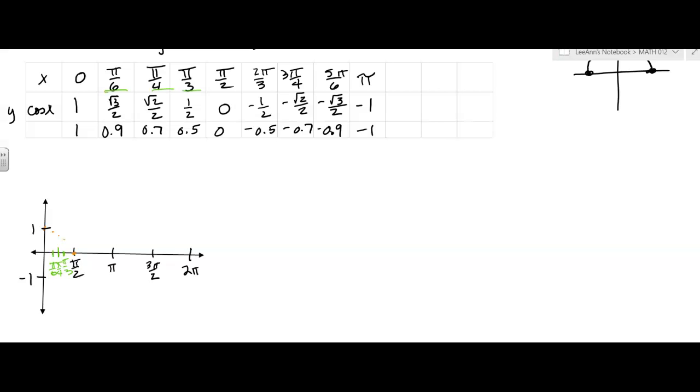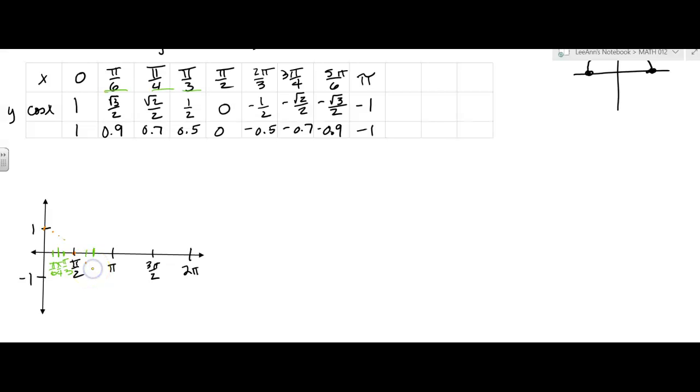And so I'll just mark them off, we had 2 pi over 3, which we'll say is right there, and that was going to be negative 1/2. I wish it would just make the mark. Okay, there it is. And then we had 3 pi over 4, which is halfway between pi over 2 and pi, and that was at negative 0.7.